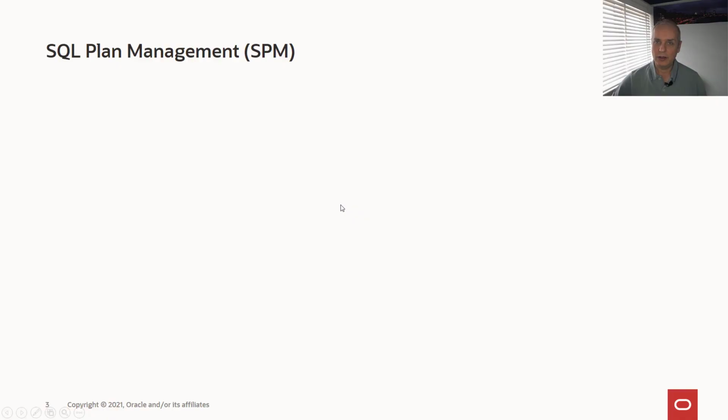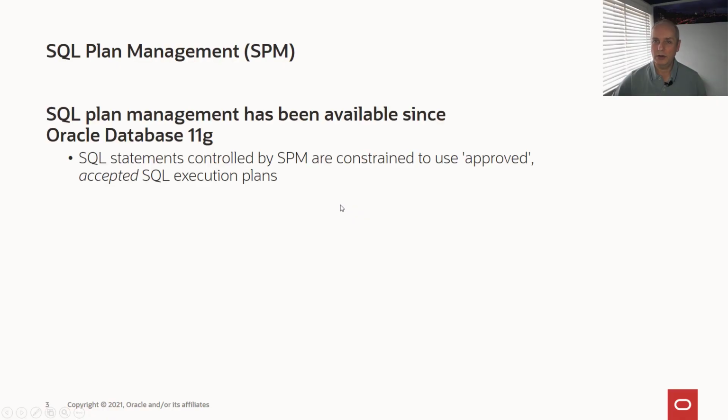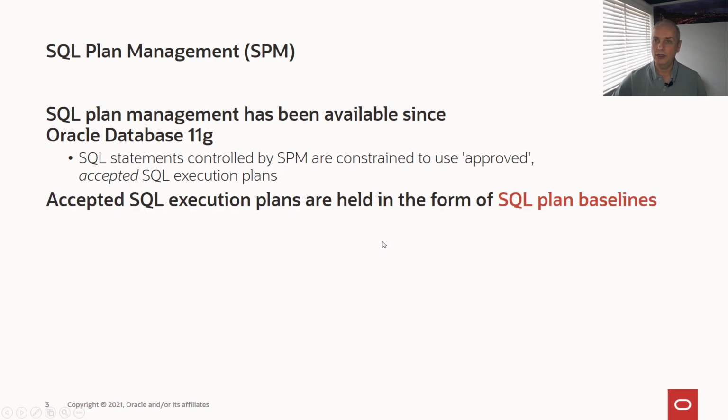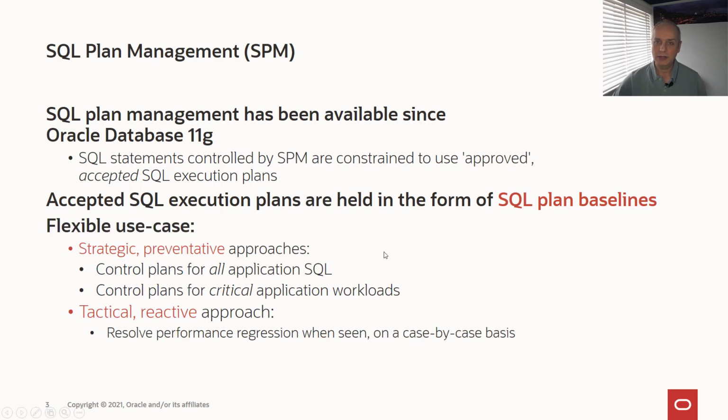So quick introduction. You'll know Oracle SQL Plan Management has been around for a long time, since 11g. The idea behind it is to control SQL execution plans. In other words, SQL statements use only approved SQL execution plans, and they're held in the form of SQL Plan baselines in the database. You can split the use case really into two parts. In fact, the primary use case for SPM was originally the strategic and preventative approach.